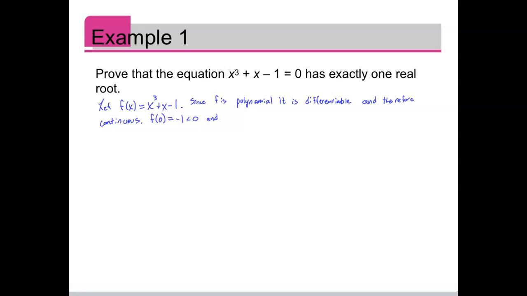And I can see that if I plug in 1, f of 1 would be 1 plus 1 minus 1, which is 1, greater than 0. So by the intermediate value theorem, there exists a root between 0 and 1.